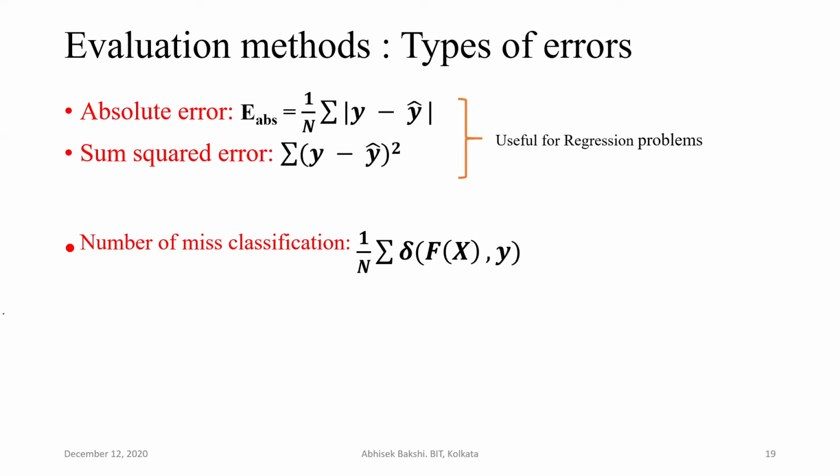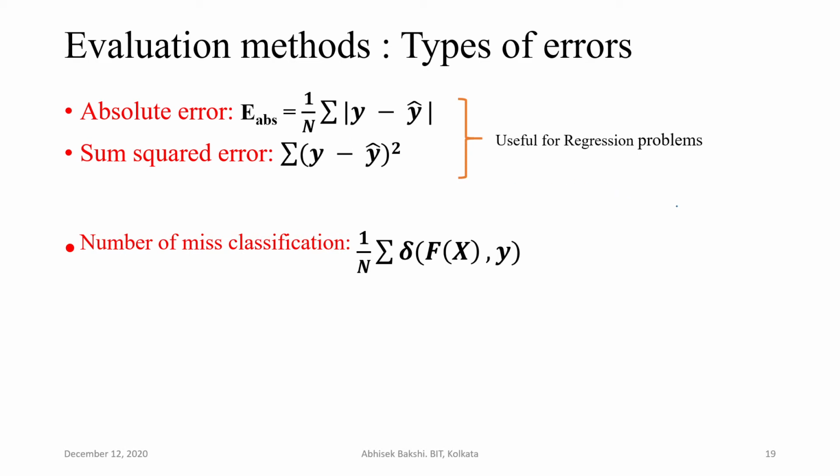Okay, and the next one is the sum squared error. From the name, I think you can understand that we take the square of the errors. The reason is that the error can be negative.